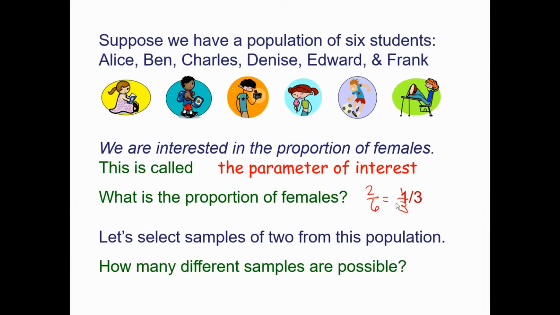So we're going to select all samples of size 2 from the population. How many different samples are possible? For dual credit, this was on our test that we took. What's it called when I try to find groups of 2? Oh, pairs. Well, it's a pair, but is it a combination or a permutation? Combination.